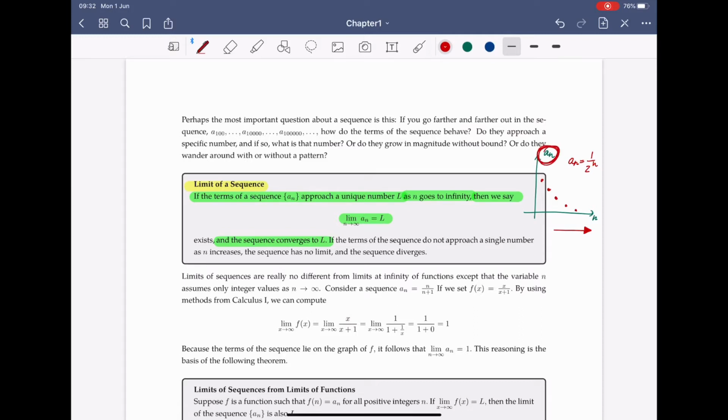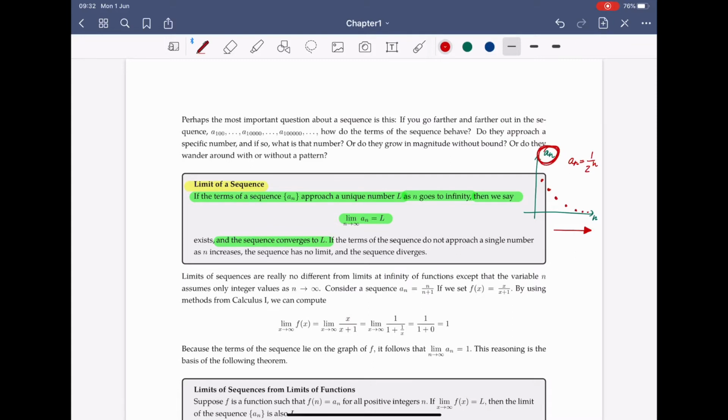In this case, you can expect that when n goes to infinity, an should converge to 0, right? Because the pattern of the graph is just getting close to the x-axis, and it should be close to 0 at the end. So we're going to say that the limit is equal to 0, and the sequence an is convergent.